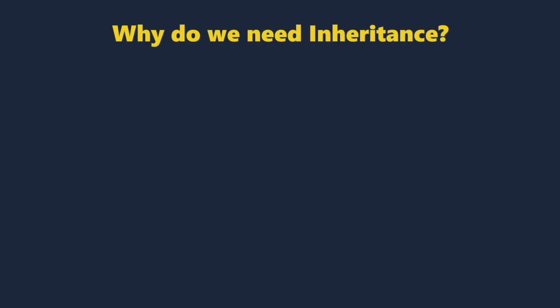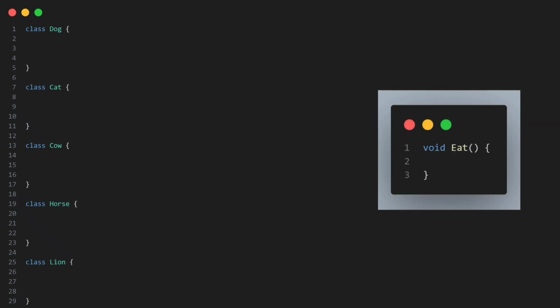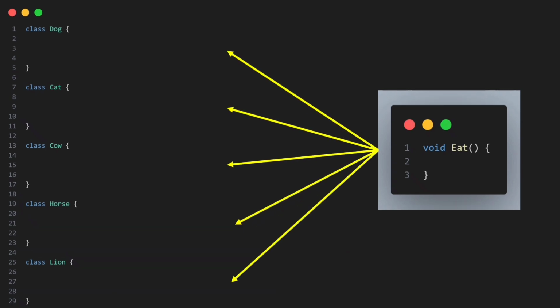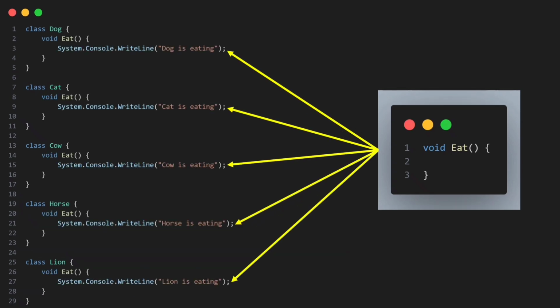The next question is, why do we need inheritance? And the answer is, imagine you are creating 5 different classes like dog, cat, cow, horse, and lion. All of them have a common behavior, that is eat. If you don't use inheritance, you will have to write the eat method in every class. That is a lot of repetition.